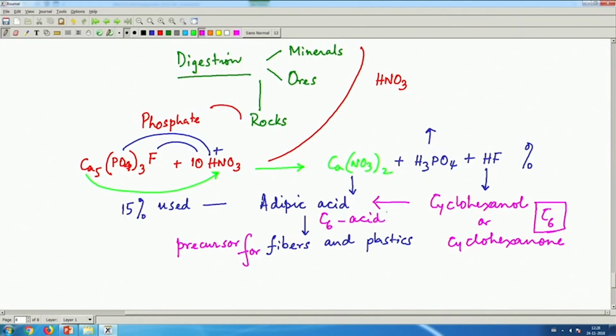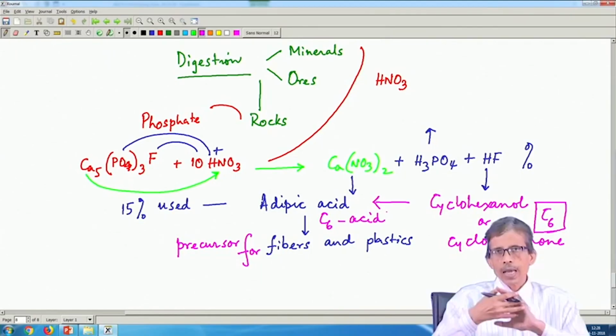So, nitric acid will be utilized for the oxidation of a ring compound. Cyclohexanol or cyclohexanone is a typical organic ring compound, and that ring we have to cut.